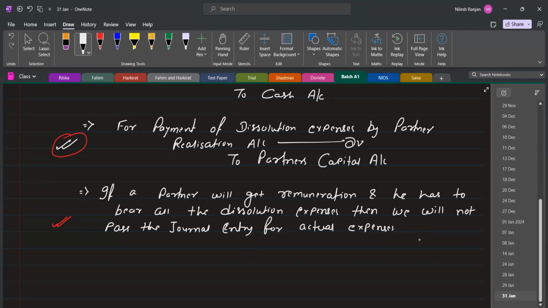Instead, we will pass an entry for remuneration.